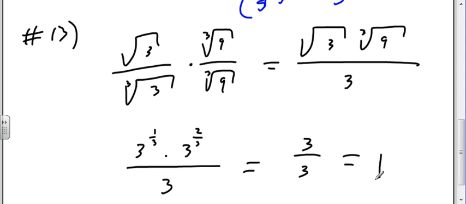Okay, well, let's see. The square root of 3 divided by the third root of 3.